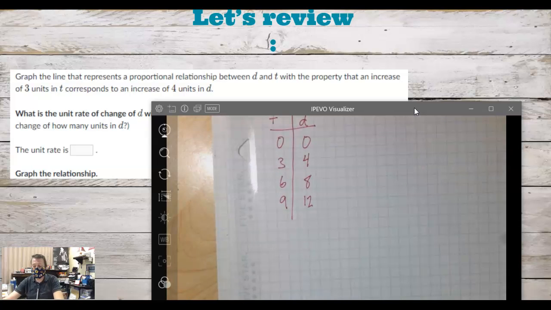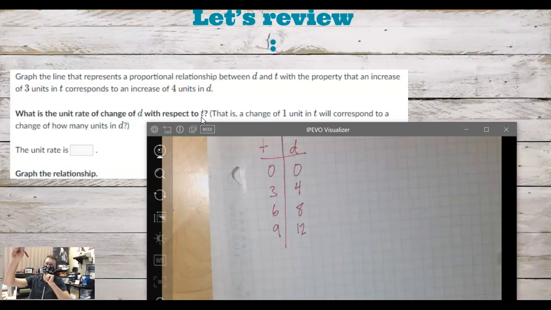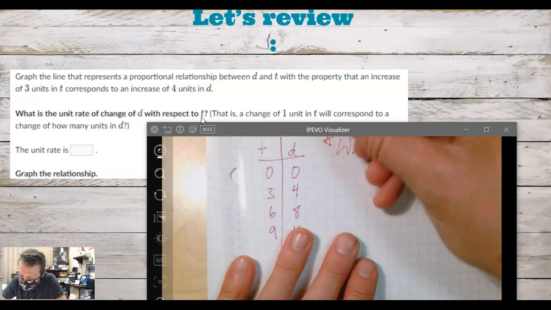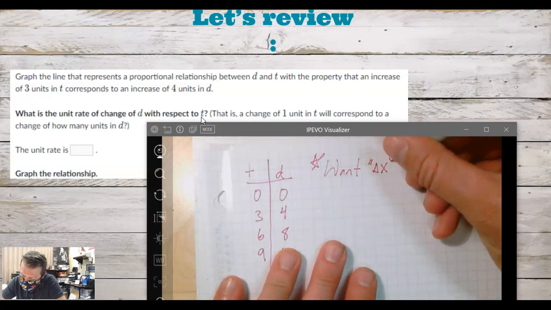Then it asks us, what is the rate of change of d with respect to t? This is where this problem is confusing. What I want you guys to be looking out for when you answer problems like this is what one gets a change of 1. If you want to make a little note, what we want is a change of x, quote unquote.